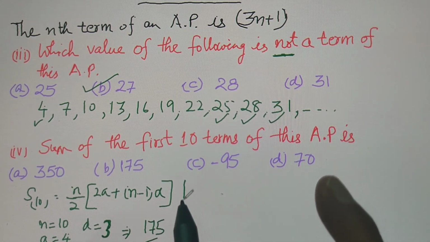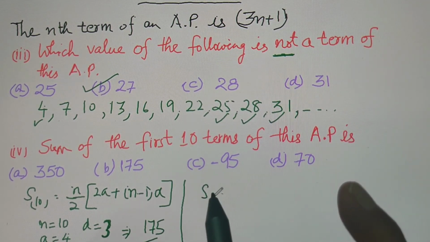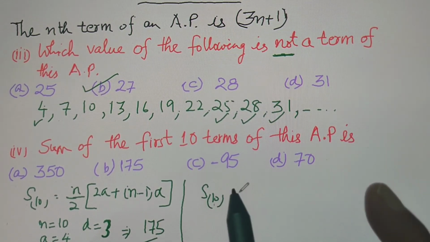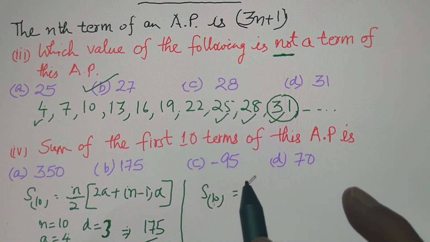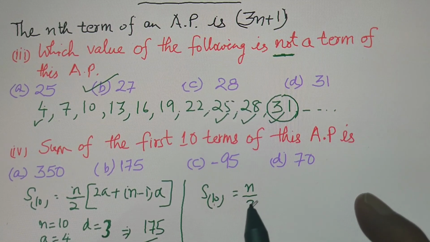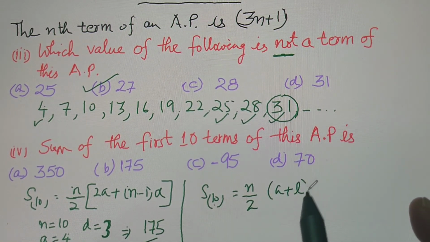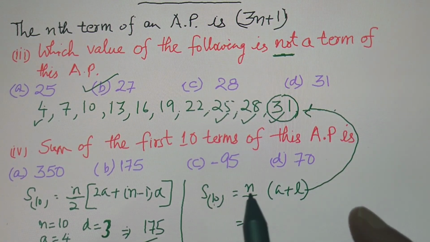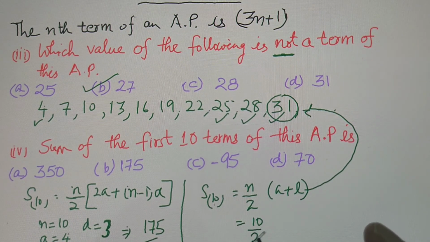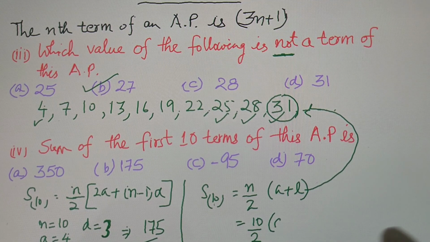Now this can be calculated alternatively also. Since we know the last term, which is 31, it can be alternatively calculated by the formula n upon 2 times a plus L, where L is the last term. Now n is 10, upon 2, and the value of a is 4.